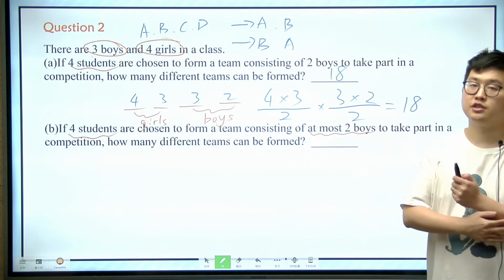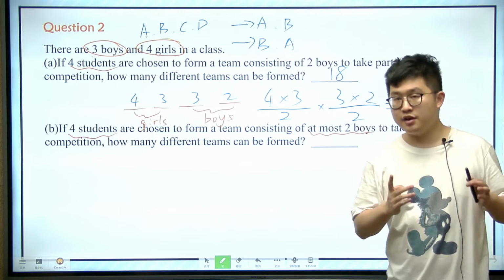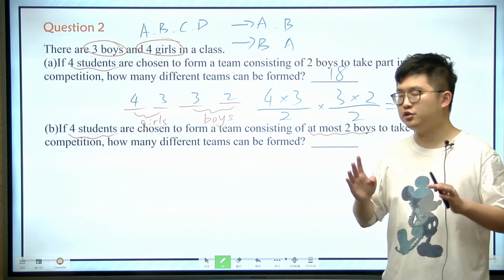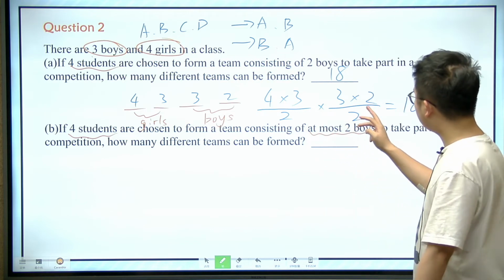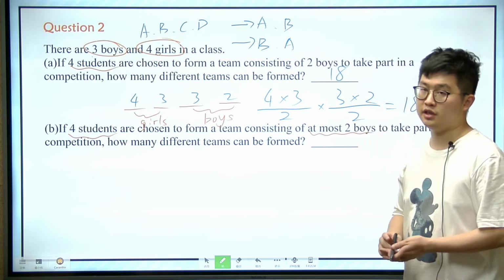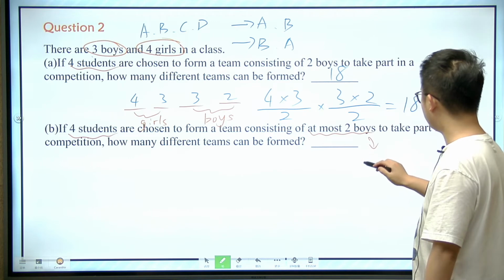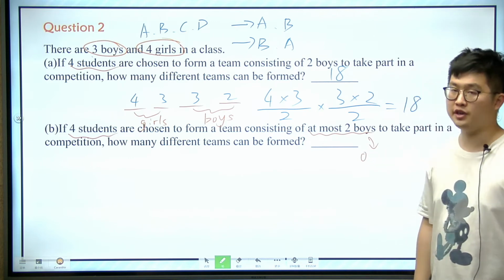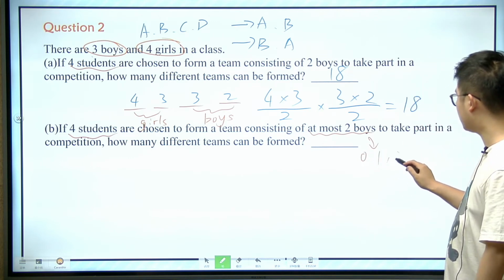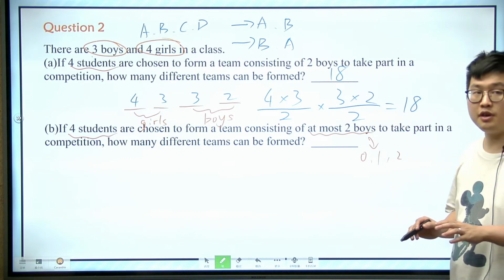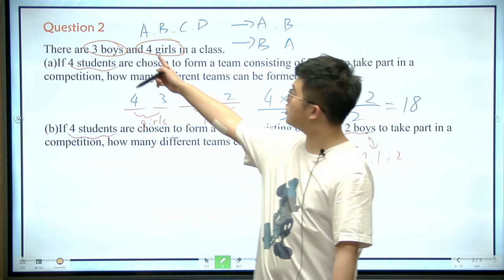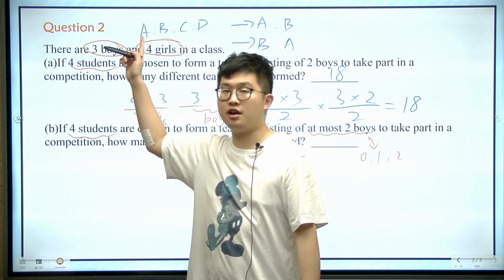I believe the best way is to think otherwise. At most 2 boys means you can have 0, which means no boys, or 1 or 2, right? But there are only 3 boys.